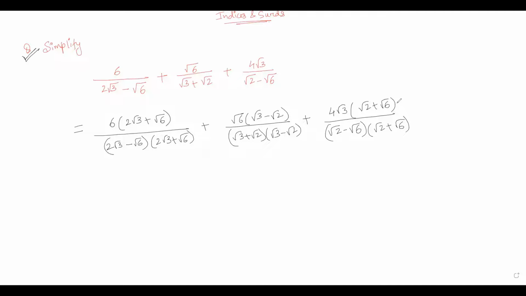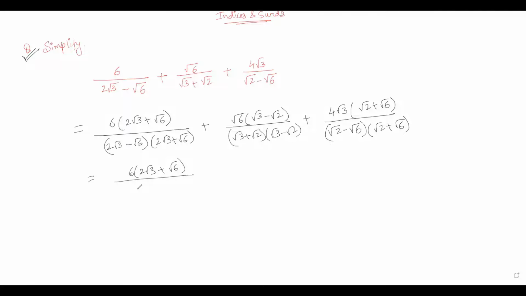So what we're doing is we are simply rationalizing the denominator, where we are multiplying the conjugate of denominator in the numerator and denominator of each fraction. So if we simplify this, this would be 6 times (2√3 + √6). And the denominator will become a minus b, a plus b form. So this would be a square minus b square.